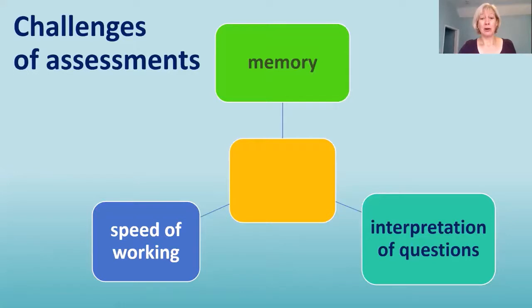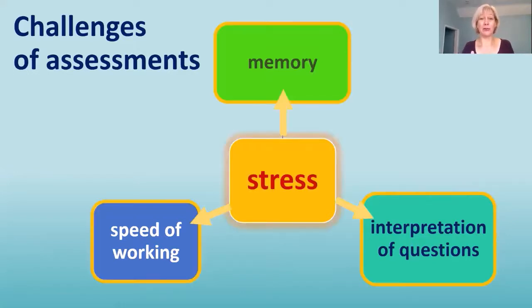Now, in terms of assessment situation, of course, there's a lot of stress around this. And I think we'd all agree that when we get stressed, our memories are even less reliable. Sometimes it slows us down because we're worried and we're checking our work more to make sure that it's correct. And our understanding of what people are saying to us or asking us for could be quite different.